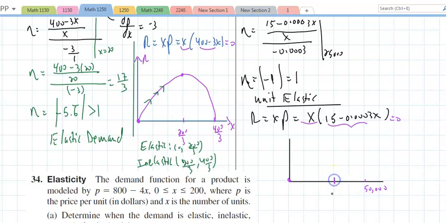Half of that, this is symmetric always, is 25,000. And again, I'm just giving you a rough graph. If this is the revenue and this would be the units, well, what do we know? From 0 all the way to 25,000, we have elastic.